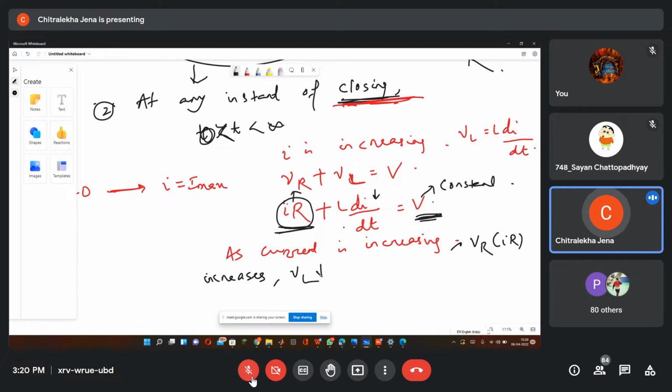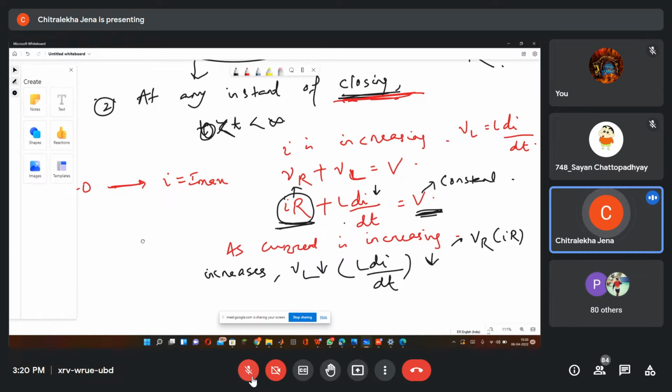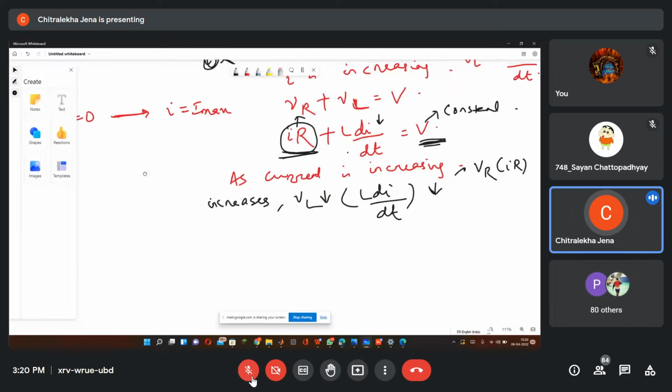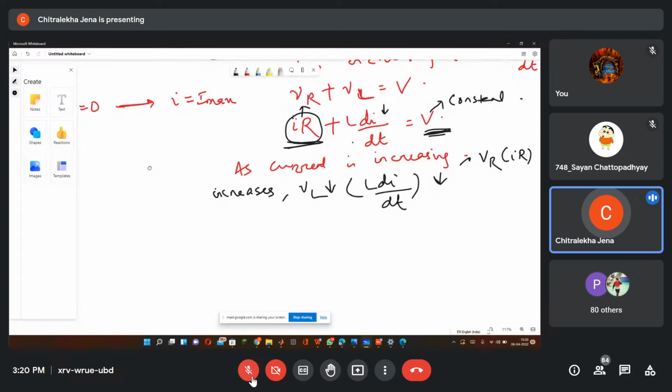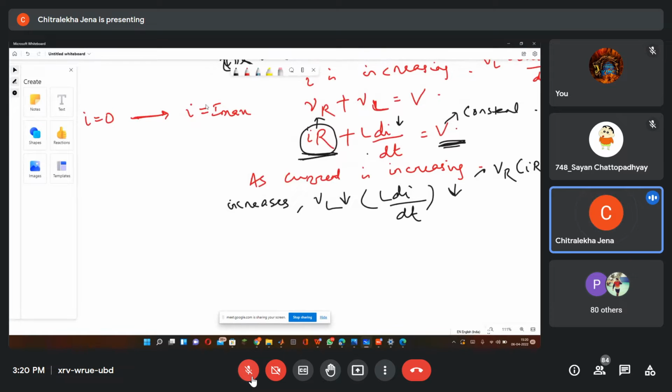So VL decreases. That means L di by dt is decreasing. Now L di by dt is decreasing, which one is decreasing? L is constant, yes or no? Inductance value is constant. As L is constant, which one is decreasing?